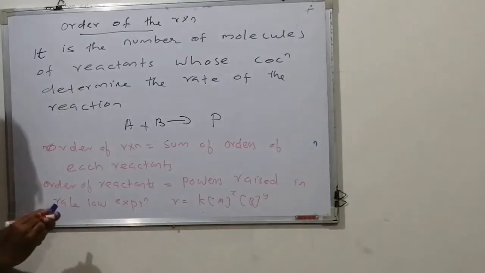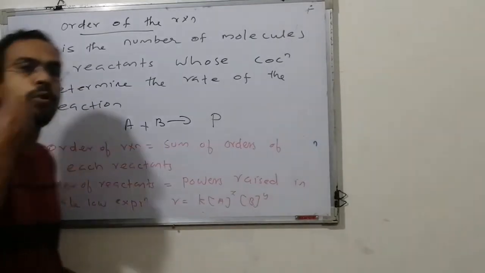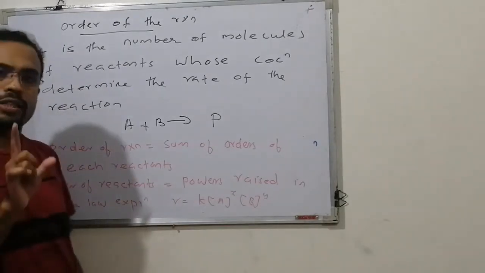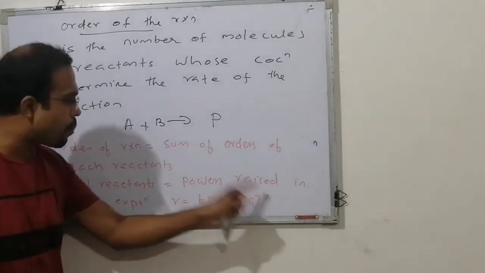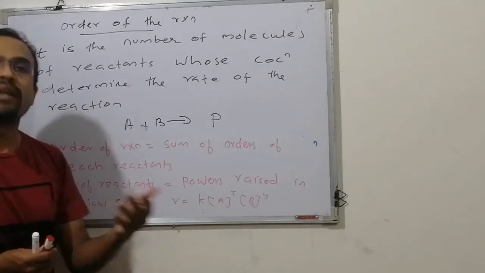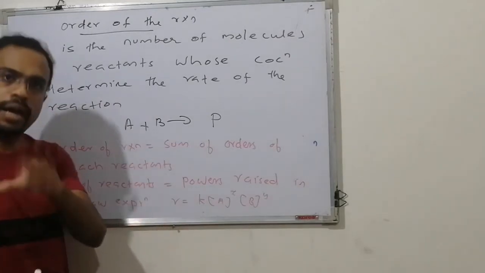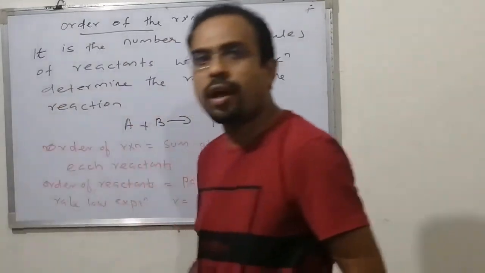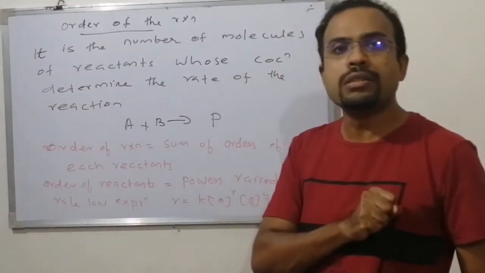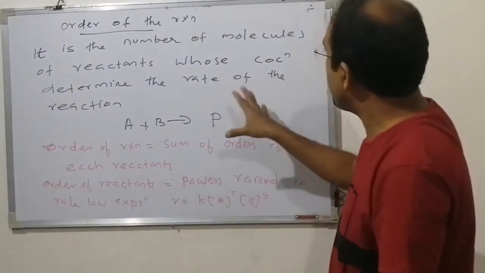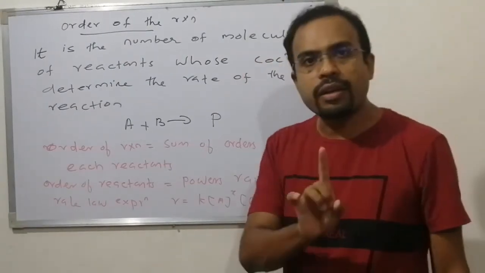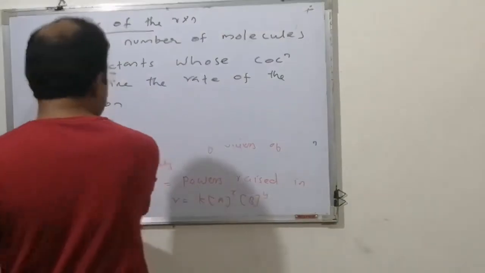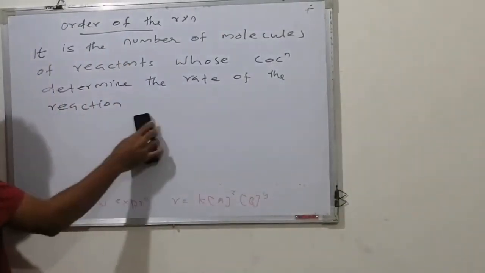It is the powers raised above each reactant in a rate law expression, and their sum is the order of reaction. But that is mathematics. Really, the order of the reaction is the number of molecules of reactants whose concentration determine the rate of the reaction. Now there is another word, molecularity.